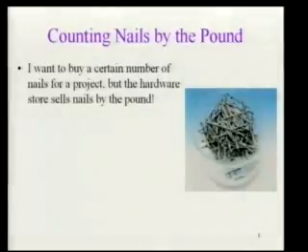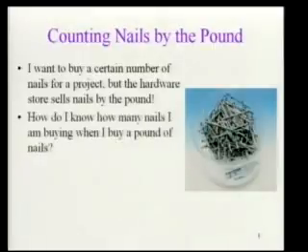However, using this type of reasoning, we can turn that mass quantity into an actual number, because all we have to know is how much one nail weighs. If I knew the mass of them and how much one of them weighed, then you can turn that into the actual number of nails present. So how do I know how many nails I am buying when I buy a pound of nails?